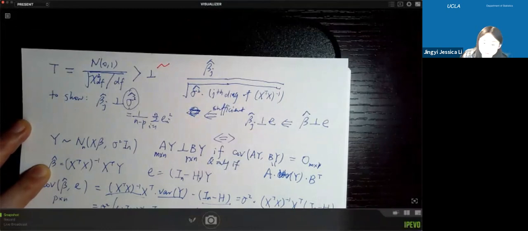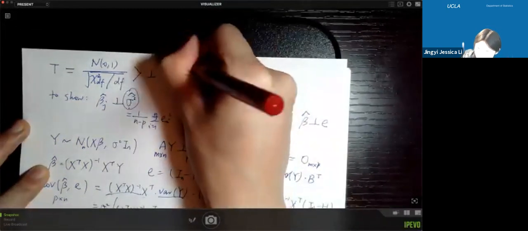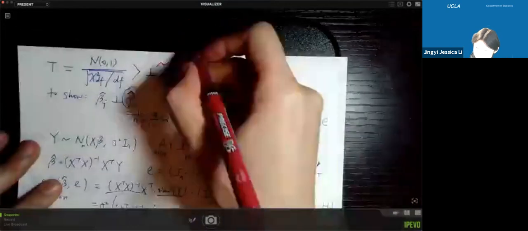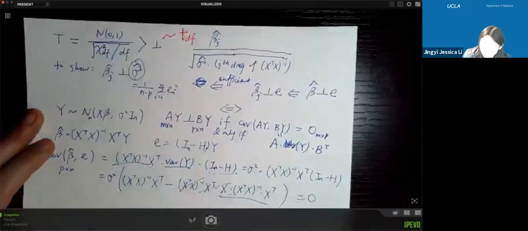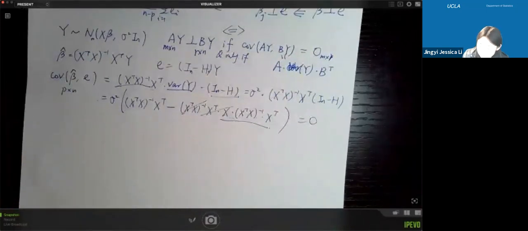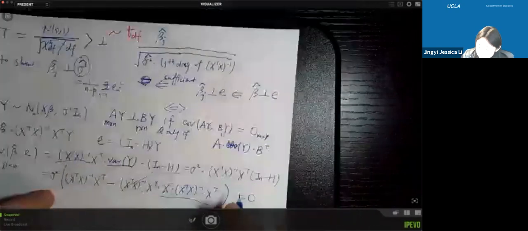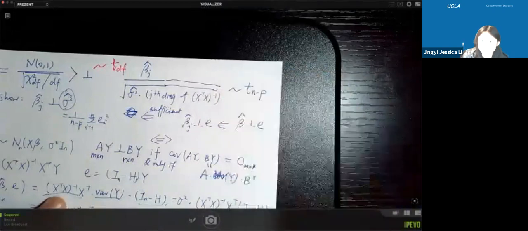As I said, people define them for convenience. They are defined to follow a distribution called the t distribution with the degrees of freedom. Coming back here, this follows a t distribution with n minus p degrees of freedom.